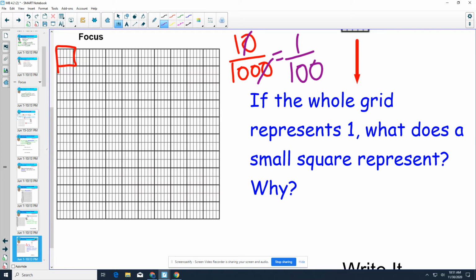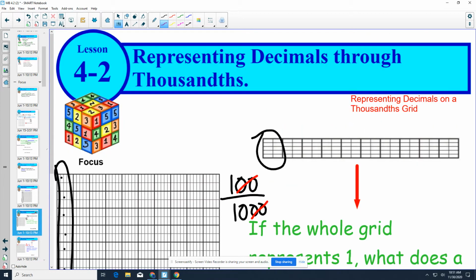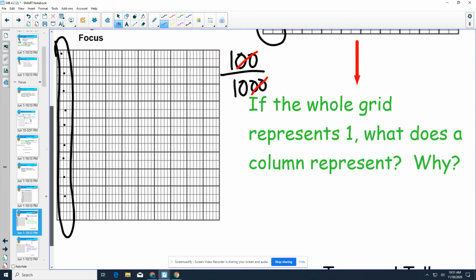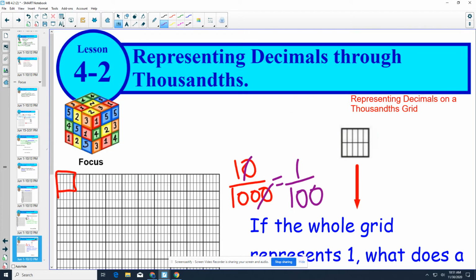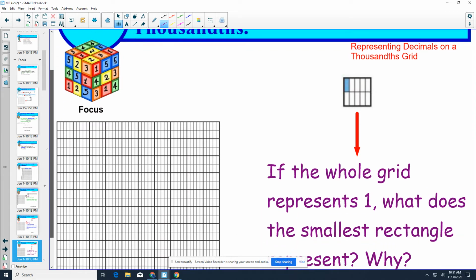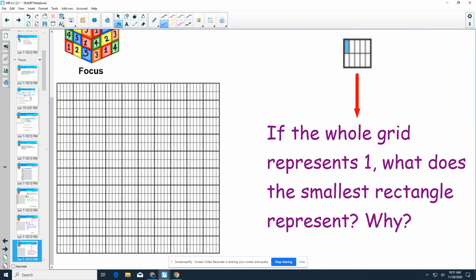So it could be 10 thousandths or it could be 100. And if you go back again to here, you'd see this one would be 100 thousandths because you have 10 of these. Or it could also be represented as 1/10 of the grid. Now, you have one little square, or sorry, rectangle. So we know that's 1 out of 1,000.